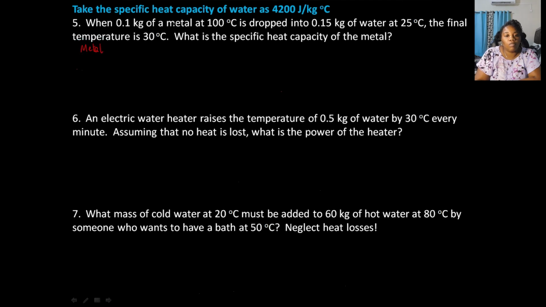When you see metal dropped into some water, it's always method of mixtures, where they take the metal, boil it in water, and take the hot metal and put it in another set of water. That's how I know. Whenever you see that, boom, that's what the question is asking you. So the mass of the metal is 0.1 kilograms. Initial temperature is 100 degrees Celsius.